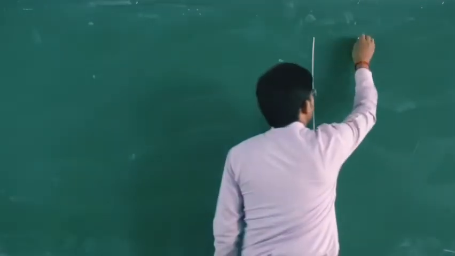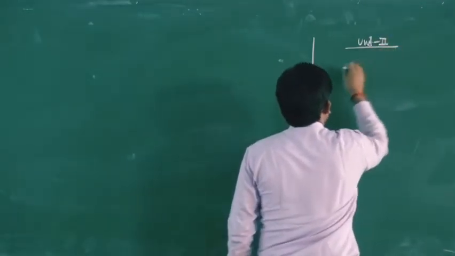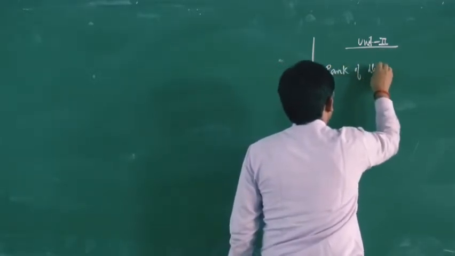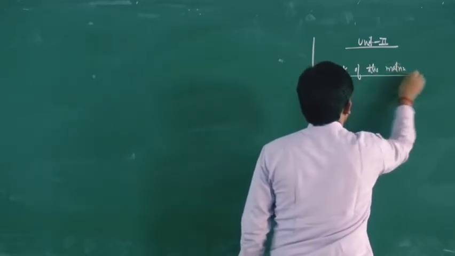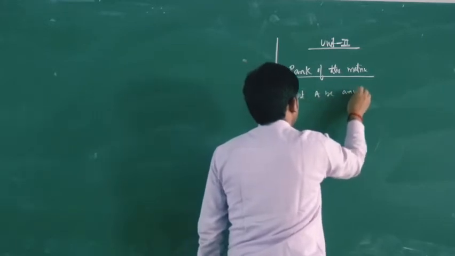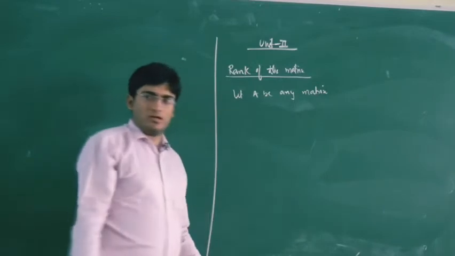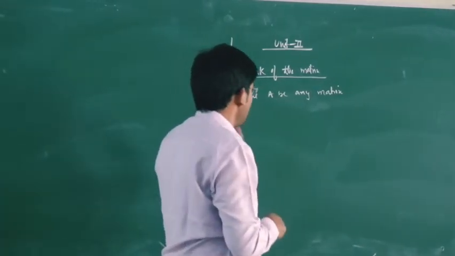So this is my unit 2, and the first topic is rank of the matrix. Let A be any matrix. It can be square or rectangular.